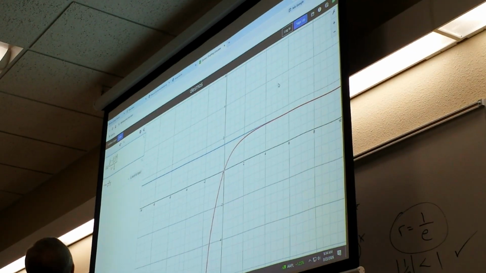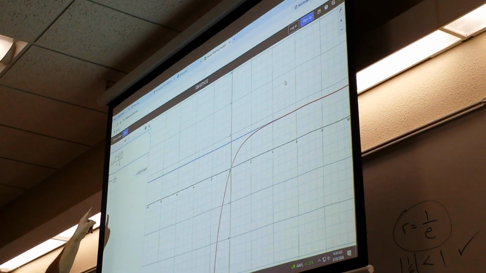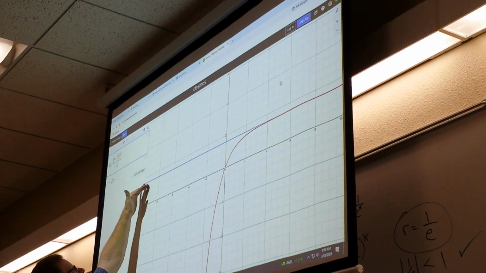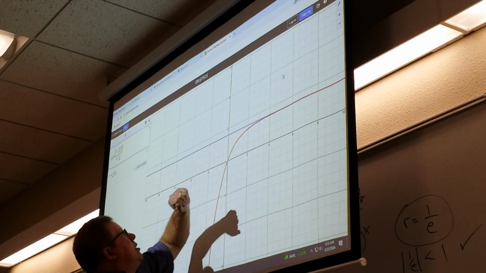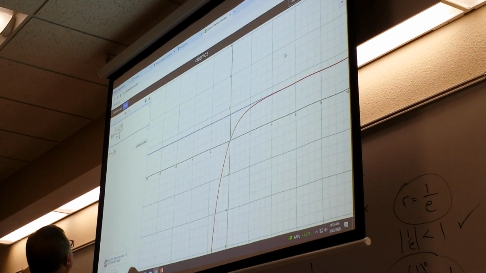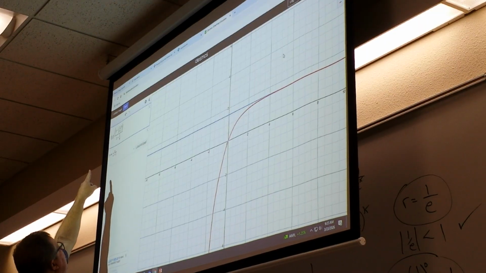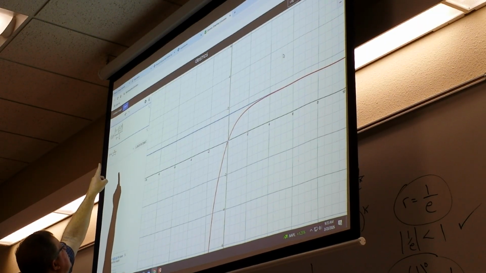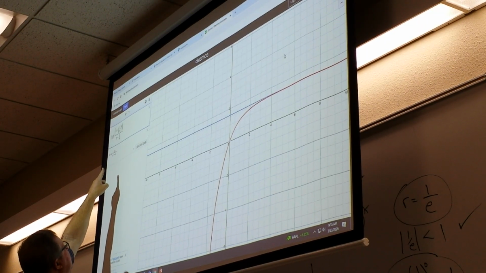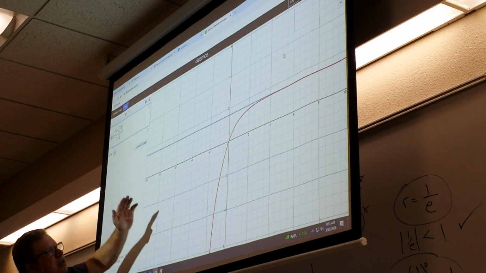So what I did here is, I put e over e minus 1, that's the infinite sum, that's this horizontal line. And then I put our numbers into that formula. A is 1, R is 1 over e to the x power, 1 minus R, 1 minus 1 over e.